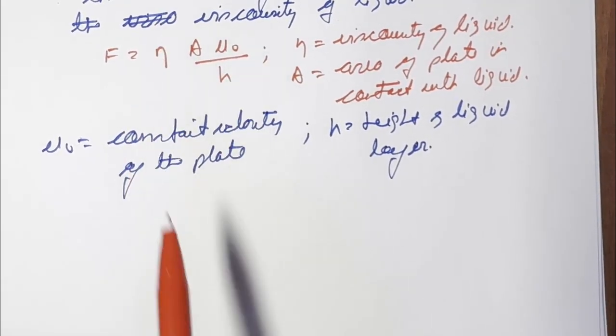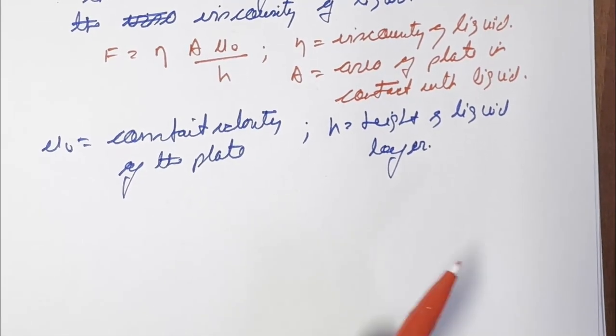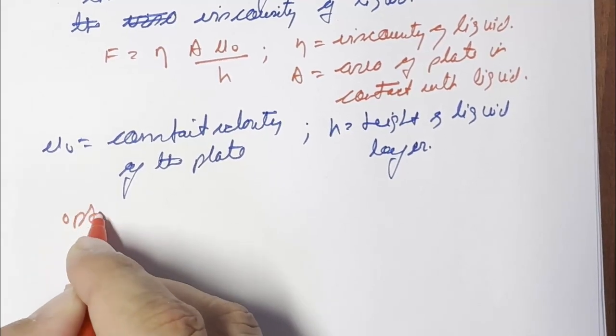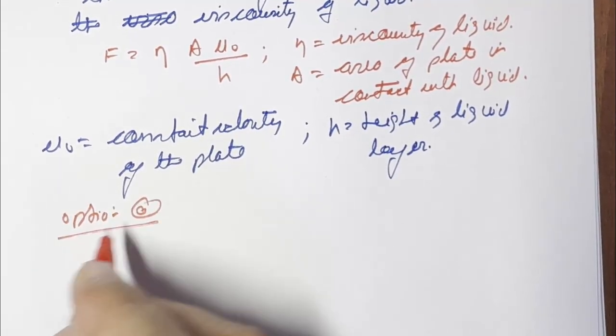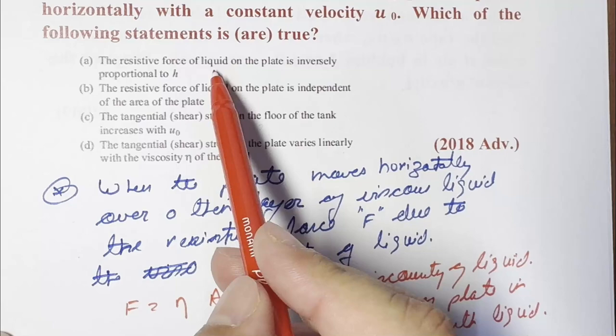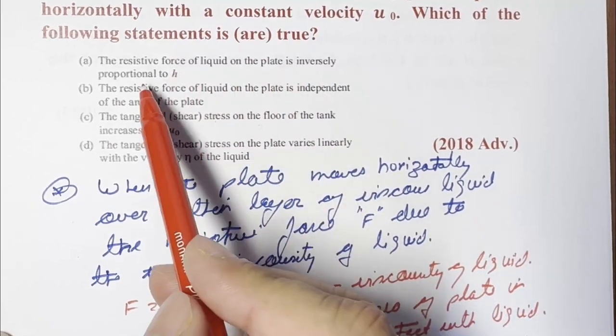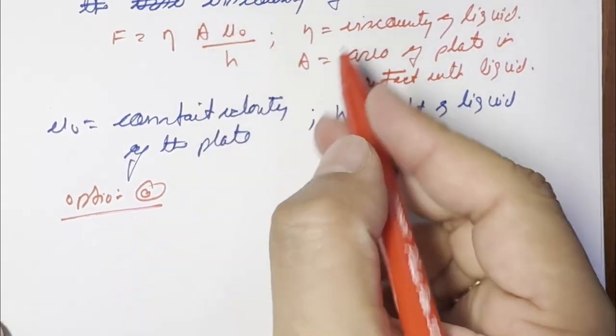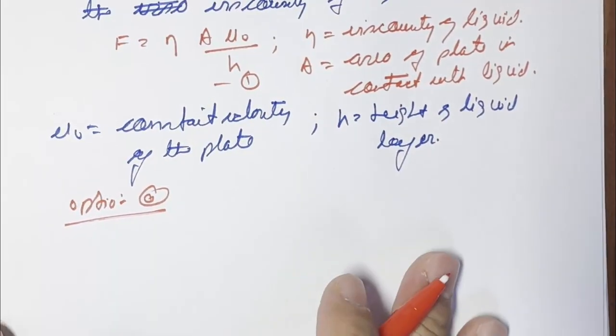So let us do the A and B parts first based on this equation. Let us check option A, which states that the resistive force of the liquid on the plate is inversely proportional to h. Let us call this equation number 1.